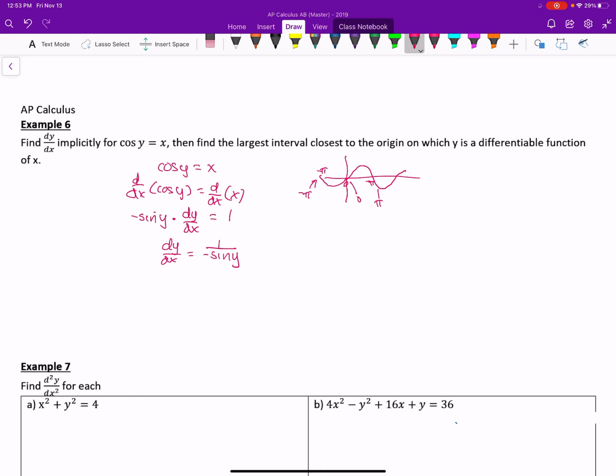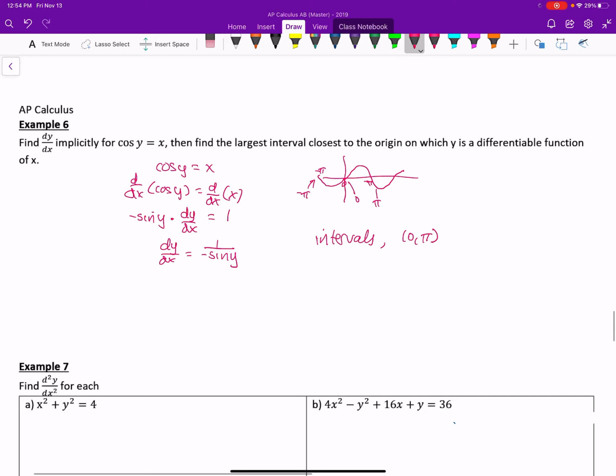So if I'm finding intervals closest to the origin, the intervals I could use are either from 0 to pi, because at 0 and at pi it would be 0, so that's an interval closest to the origin, or negative pi to 0 would also work. Otherwise, we would end up having parts of the interval be undefined.